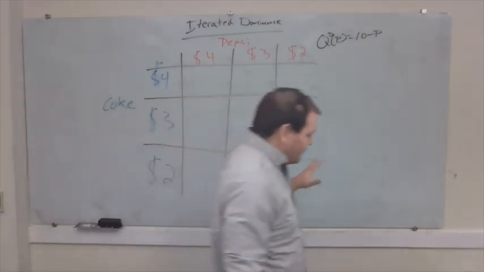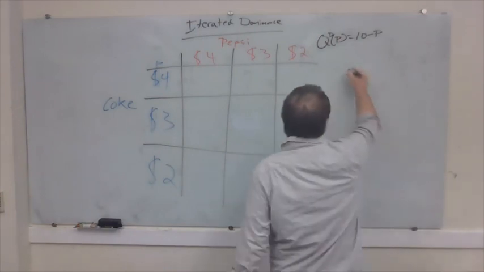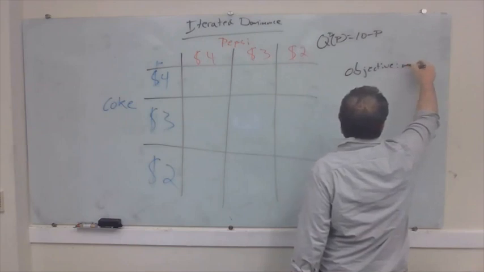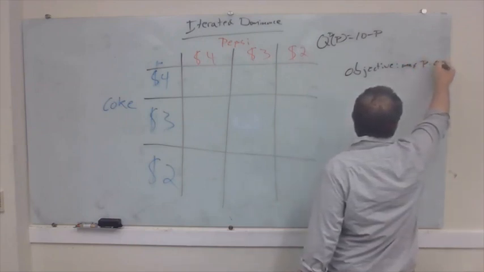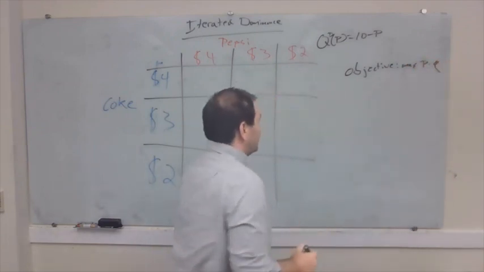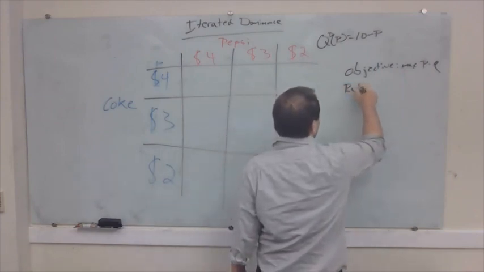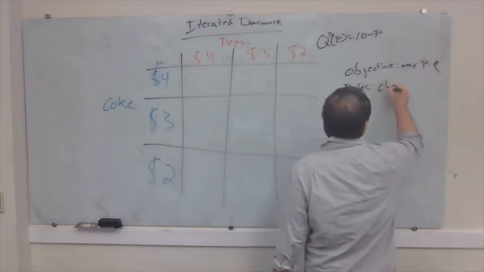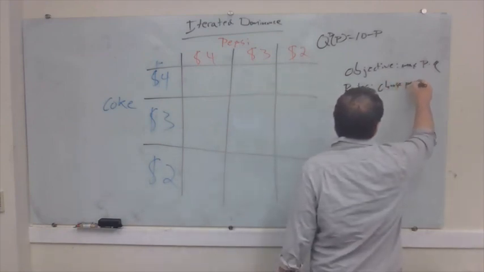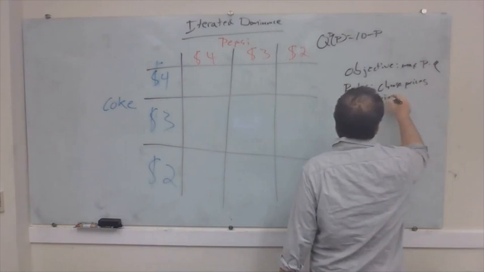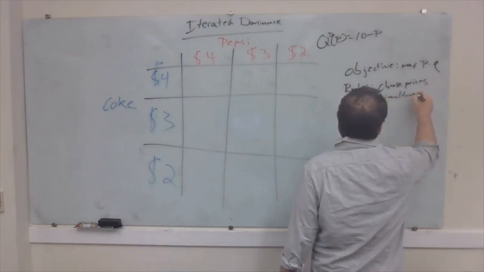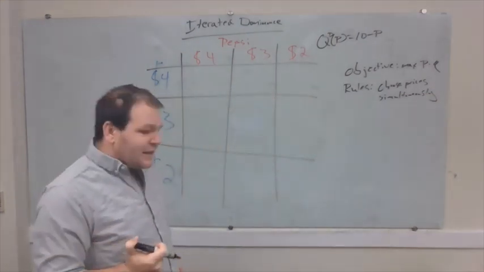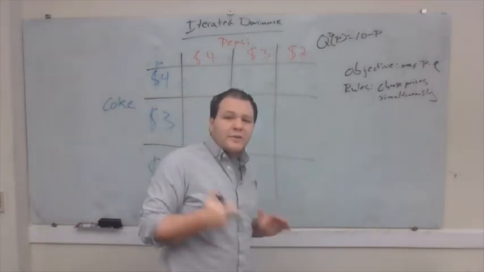So if we think about these rules, our objective is to maximize P times Q, our revenue. They're going to choose their prices simultaneously. Their payoff will depend on whether they've got the high price, the low price, or a tie.